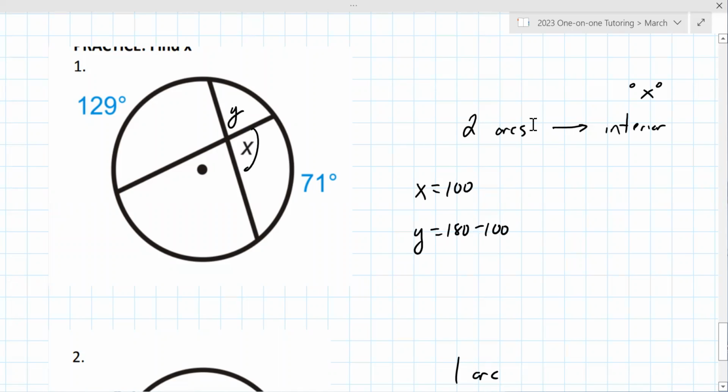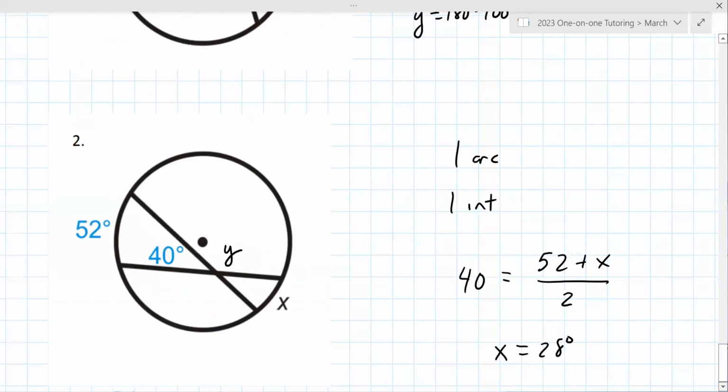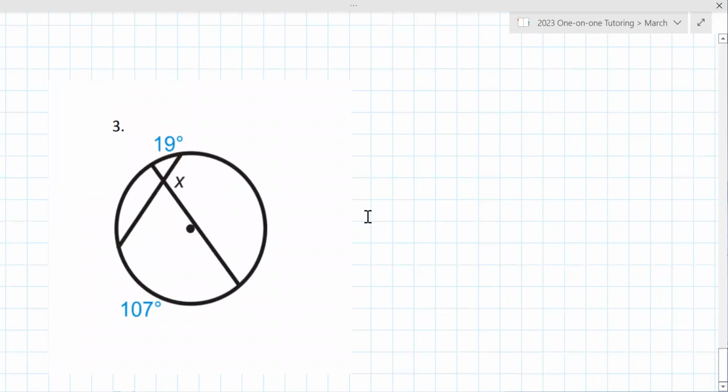So occasionally they give you problems where they ask you for the Y and you have to find the X first. Or in this problem I'm about to snip in, you have to find the interior angle, Y this time, and then to get X, you have to subtract it from 180. Right.